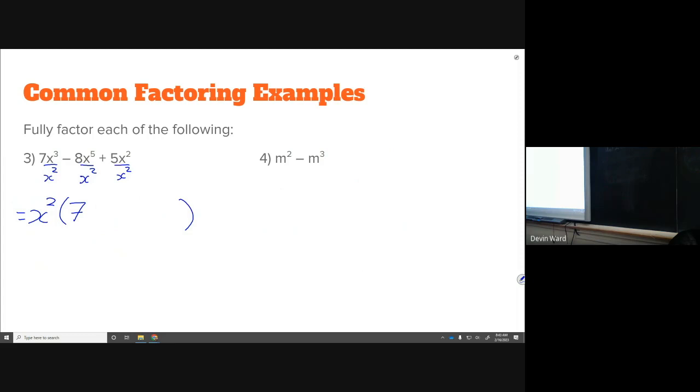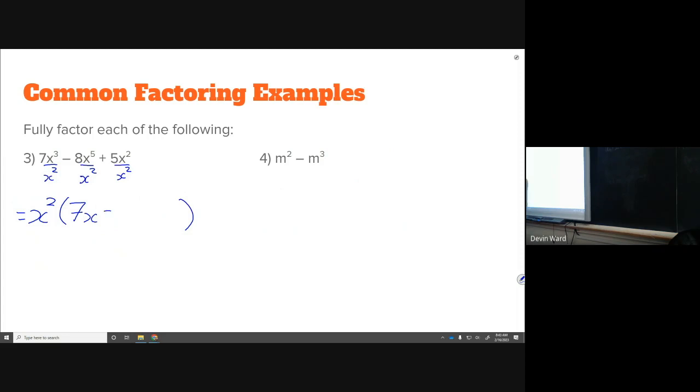But now we have x cubed divided by x squared. So I'm going to subtract 3 minus 2, which is 1, so we just have x by itself. If you ever get x to the power of 1, you can just write x. If you write x to the power of 1, that's right, but it just looks weird.